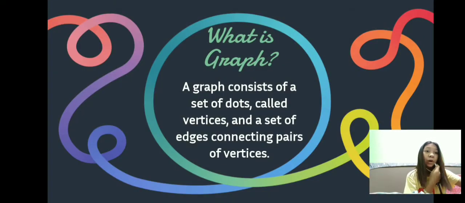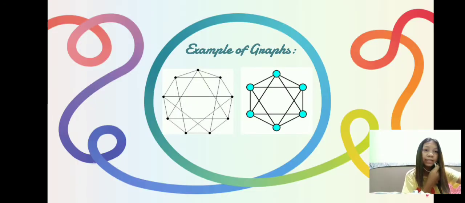So first, what is a graph? A graph consists of a set of dots called vertices and a set of edges connecting pairs of vertices. So this is an example of graphs.